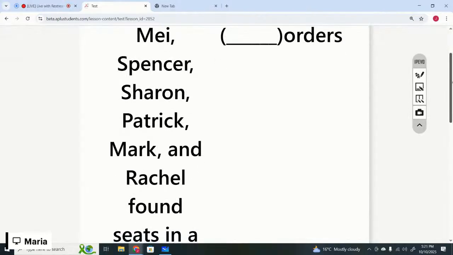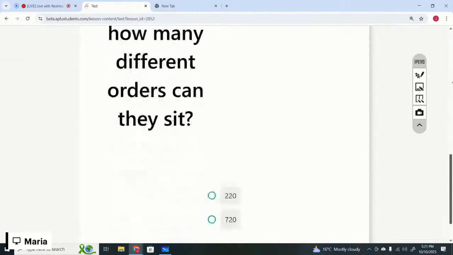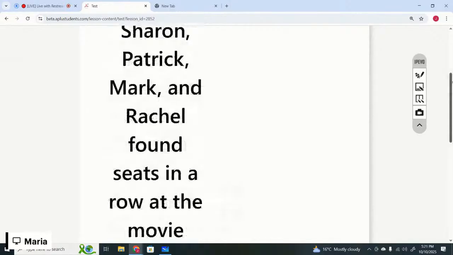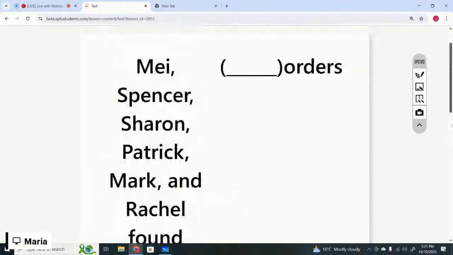May, Spencer, Sharon, Patrick, Mark, and Rachel found seats in a row at the movie theater. In how many different orders can they sit? So which option? One, two, three, four, five, six.